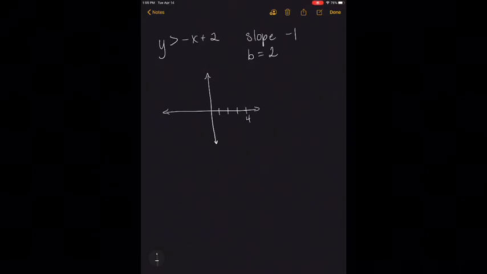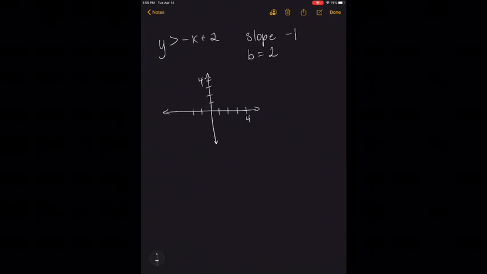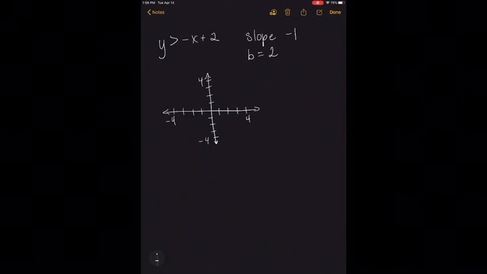I'm going to go ahead and mark my graph. Hopefully you're doing that as well. All right, so our y-intercept is 2, so at 2 we have a dot.